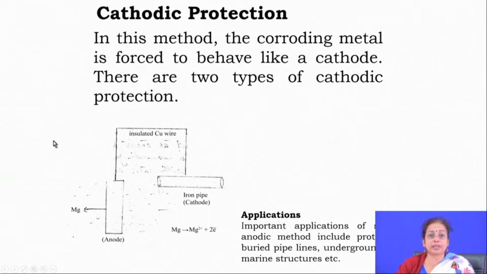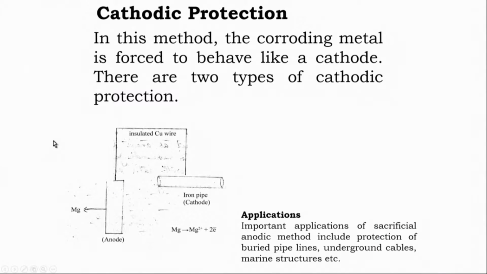Now, the second technique which I will discuss is the cathodic protection system, which can be applied widely for protection of the surface against aqueous corrosion based problems. Cathodic protection is a technique where you make the component of your choice the cathode. This can be done in two ways.